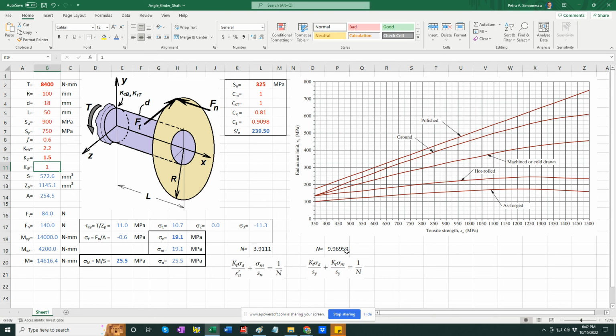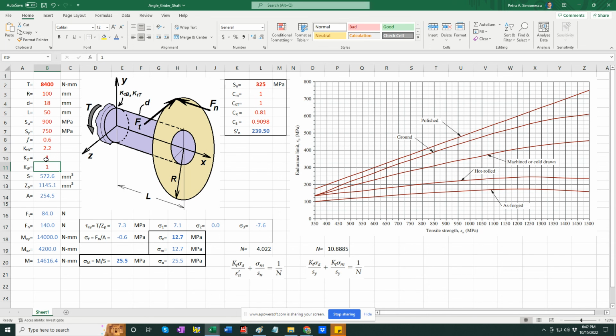Okay, so calculating the design factor regarding early yielding, it gives us a much larger value. So it's indicative that the load line is steep and intersects the Goodman line first. So this is the answer. Actually, let's go back to 1 here. So it's 4.02.